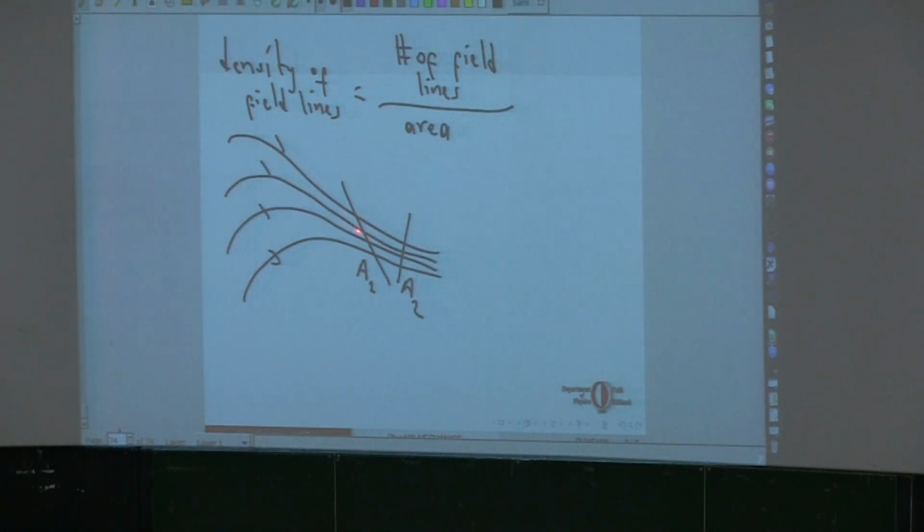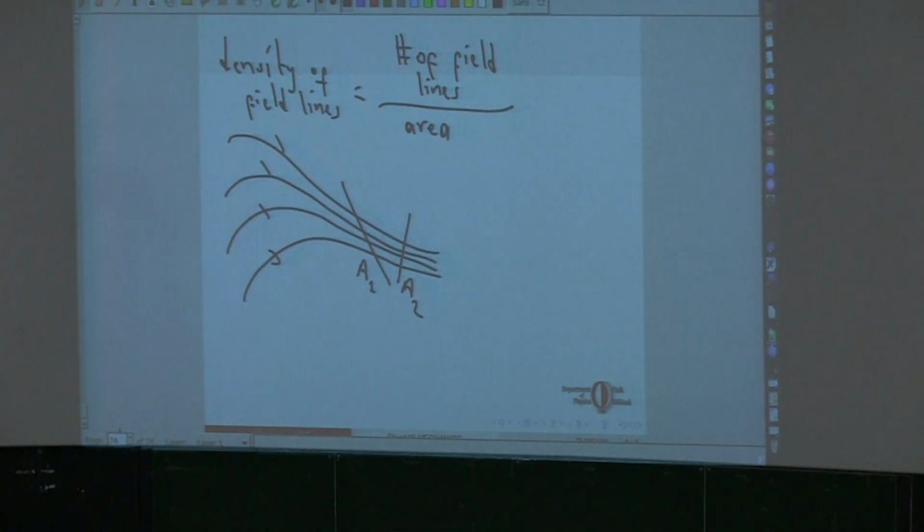So we have 1, 2, 3, 4 field lines passing through area A1, and 1, 2, 3, 4 field lines passing through area A2. But obviously A1 is larger than A2. Although we have the same number of field lines, the area they pass through is different. So it seems as if this density depends on how you choose your area. This was the part that we weren't so careful about in making this definition.